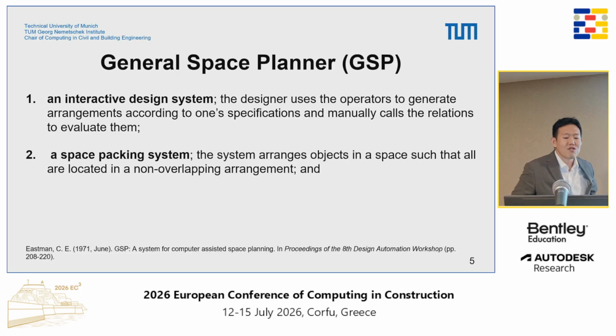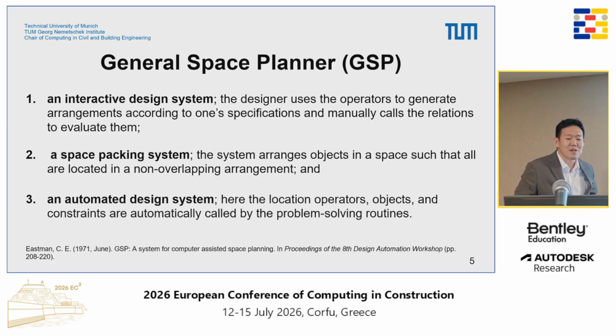Second, GSP is a space packing system. The system arranges objects in a space such that all are located in a non-overlapping arrangement. And the last, GSP is an automated design system. Here, the location operators, objects, and constraints are automatically called by the problem-solving routines.